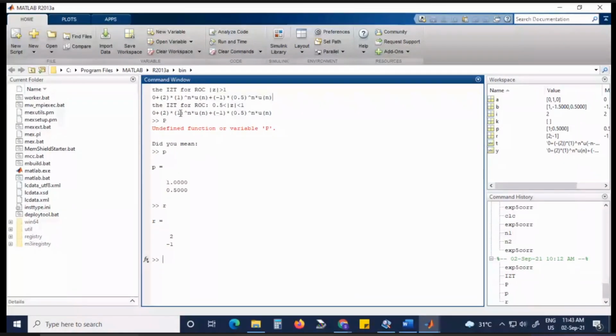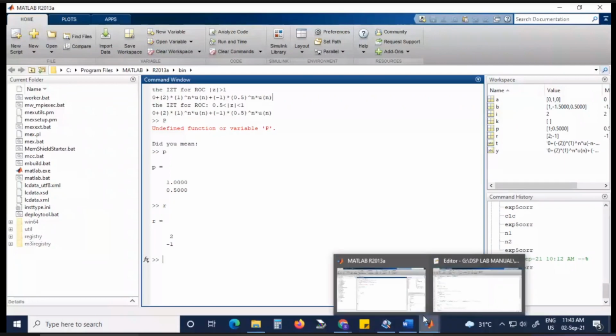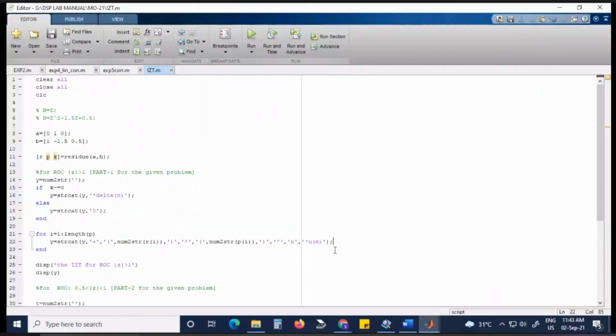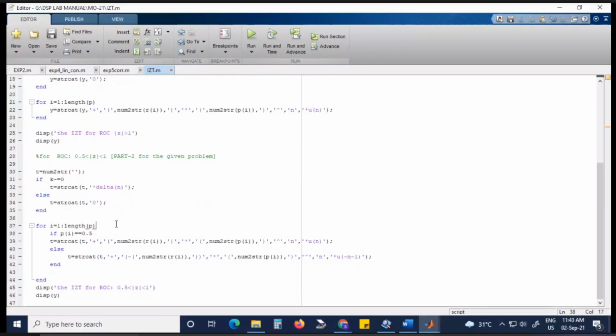ROC 0.5 के ऊपर जब है तो पोल का वैल्यू है 1. तो उस पोल के लिए जो सीक्वेंस बनेगा वो है 1 to the power n un, अल्फा टू द पावर n un और उसका कोफिशिएंट्स. लेकिन दूसरा जो पोल है 0.5, यहाँ पे थोड़ा कुछ प्रॉब्लम हो रहा है क्या नहीं, देख लेते हैं. इसमें थोड़ा सा प्रॉब्लम लग रहा है.